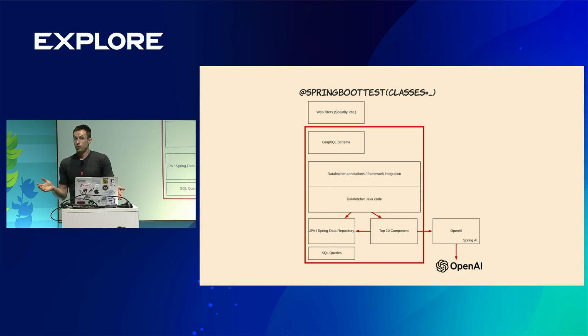Now, what tests should you write? Well, as I said, at Netflix we say that 95% of your tests, and that's just a number that I made up, most of your tests should be Spring Boot test classes, given the test slices that we have. You want at least one smoke test. And if it's a GraphQL or a REST service, you probably should do that one request so that you know that at least things sort of work at an HTTP level.